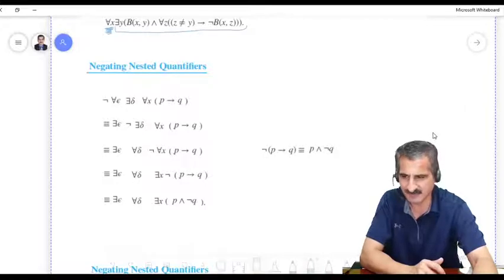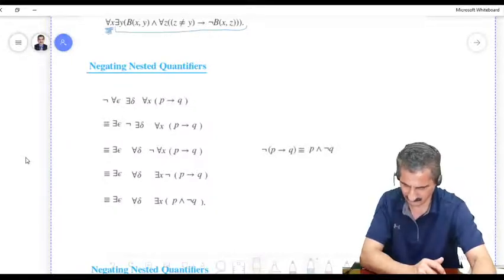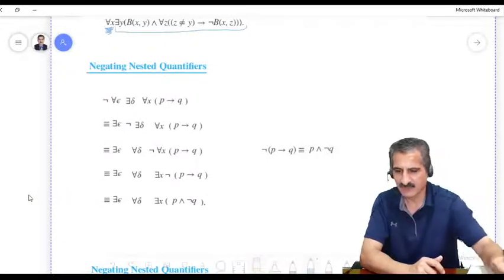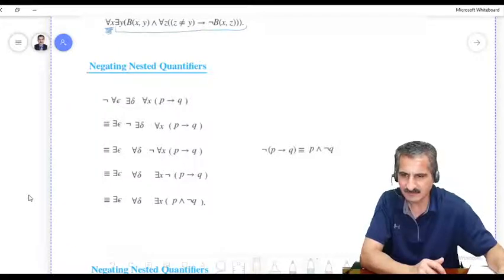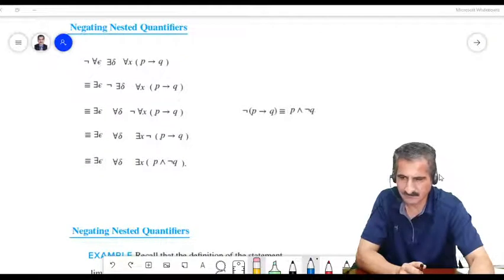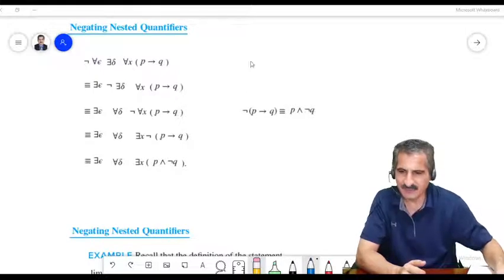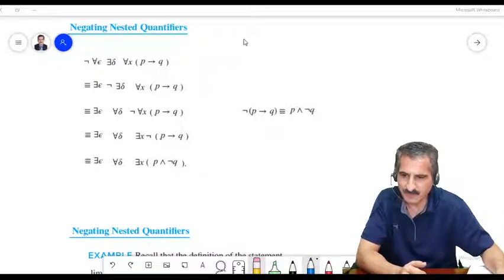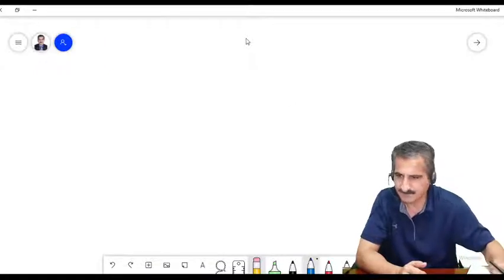quantified statements. Now we learned before how to negate nested quantifiers. We have already learned that whenever we want to negate.